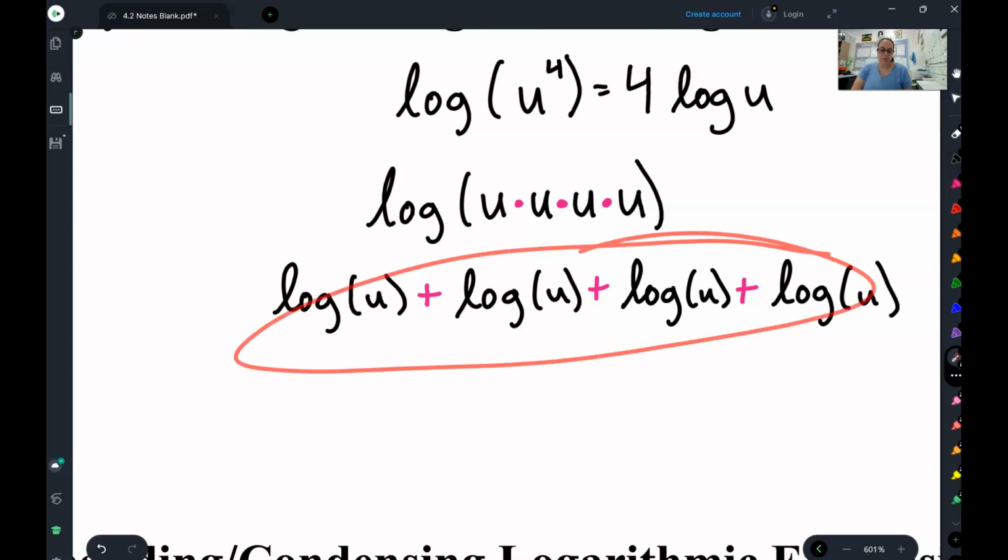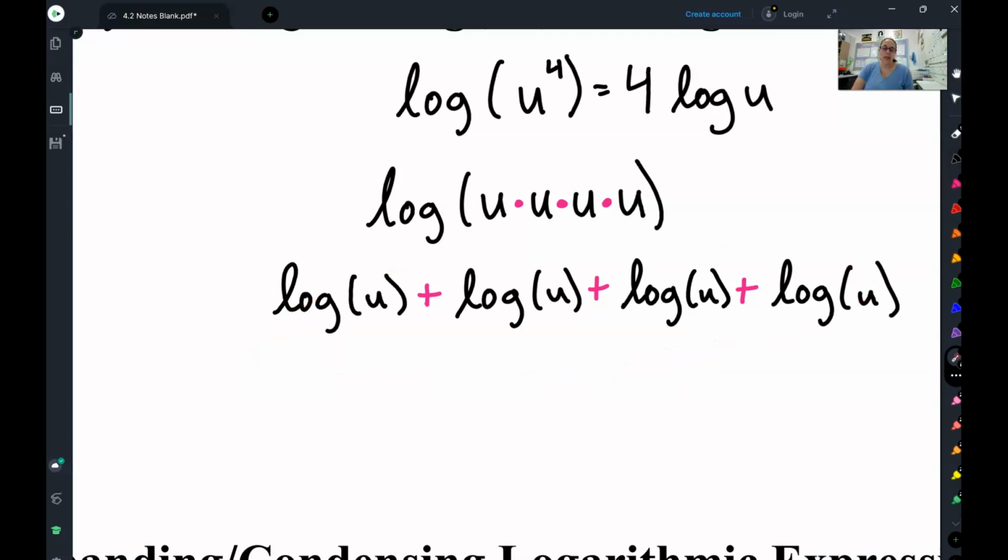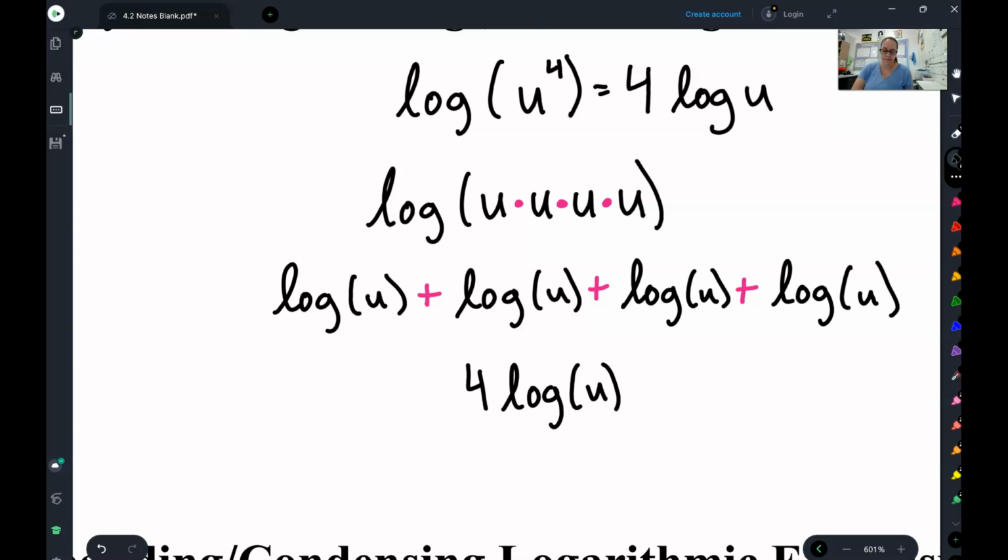Now this we can simplify. Think of it like this. What if instead of logs they were just x's and I had x plus x plus x plus x? You would tell me that would simplify to 4x. Well, same thing here. If I have log plus log plus log plus log, that's going to simplify to 4 logs that I am adding together.